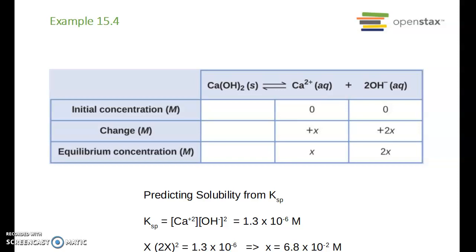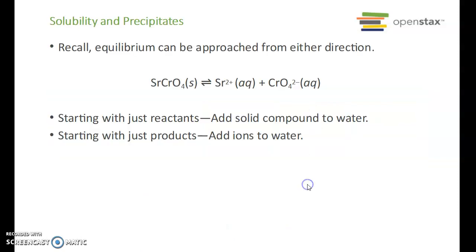So, now, recall equilibrium can be approached from either direction. With the strontium chromate, we had the strontium ion and the chromate ion. So you can start with just the reactant, that is the solid, or you can start with the products. If you have the reactants, you add a solid compound to water.